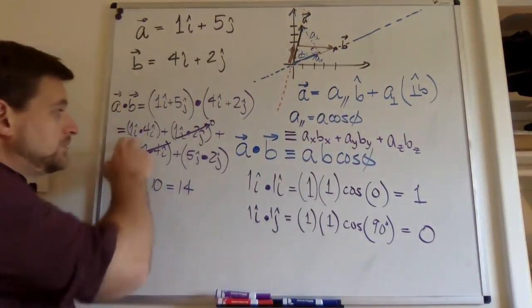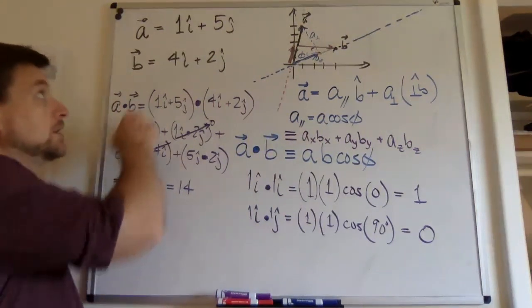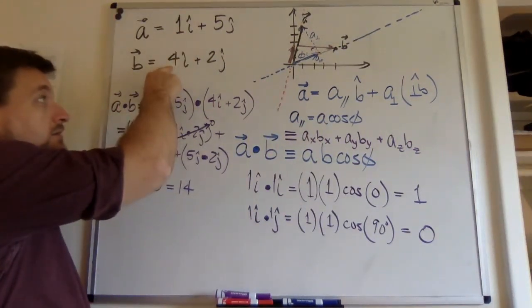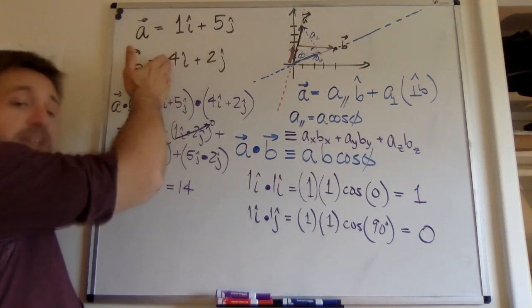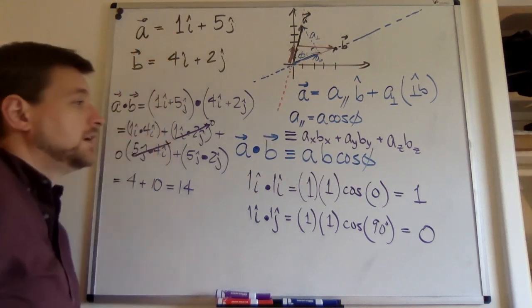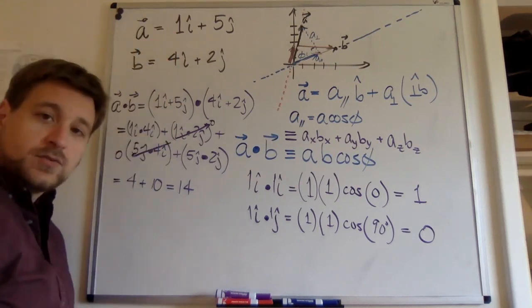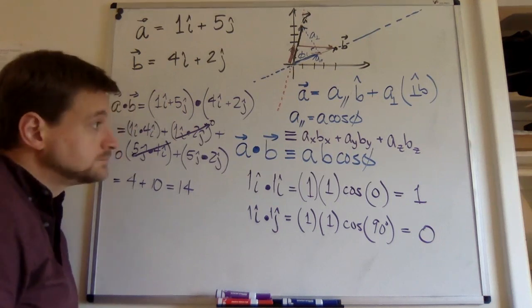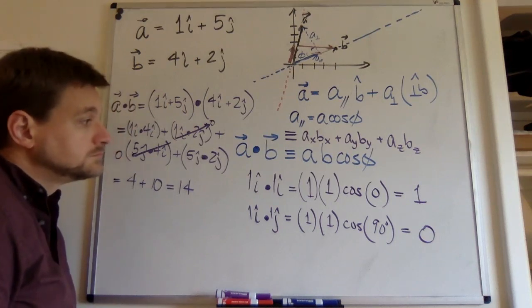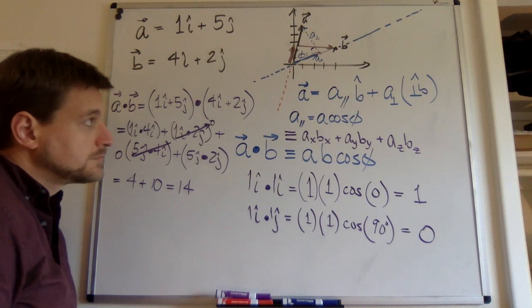All we need to do is multiply the components, not the vector components, just the scalar components in each direction, add the results, and we're done. Cool.